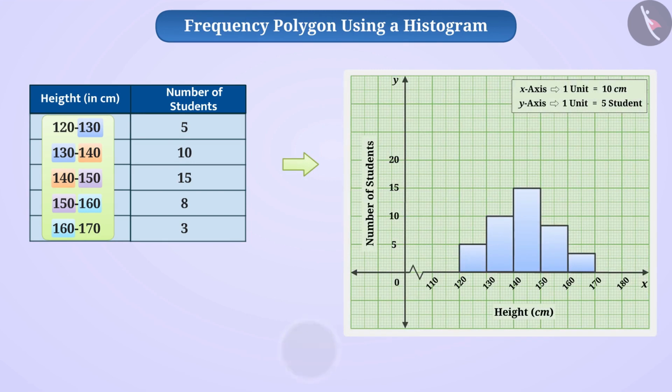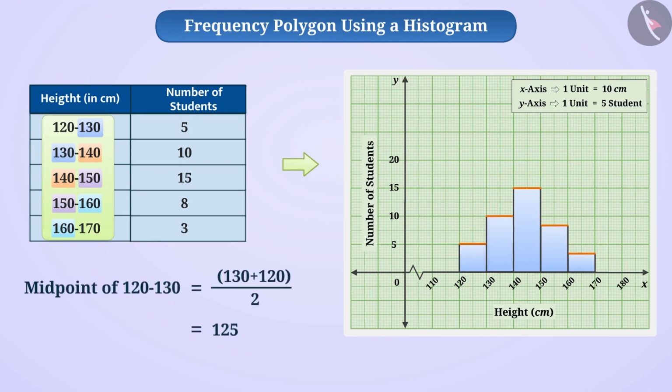Let's go ahead. To make a frequency polygon, first we need to find the midpoint of the upper side of each rectangle. The midpoint of class interval 120 to 130 will be 125.